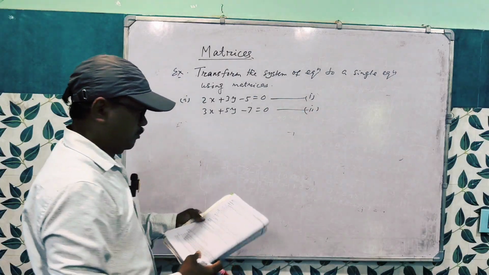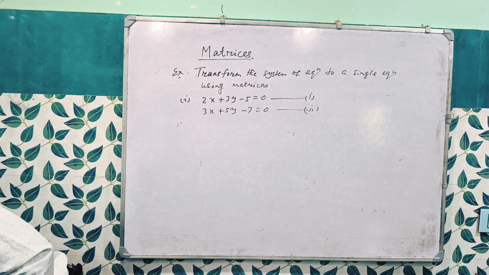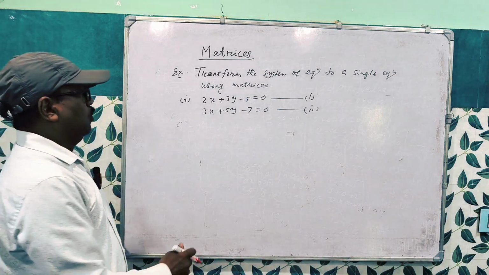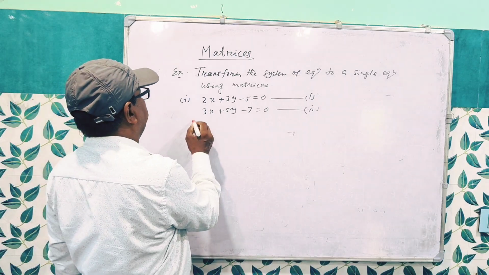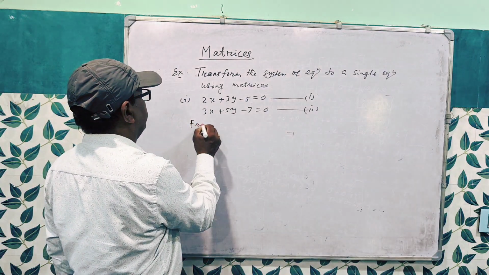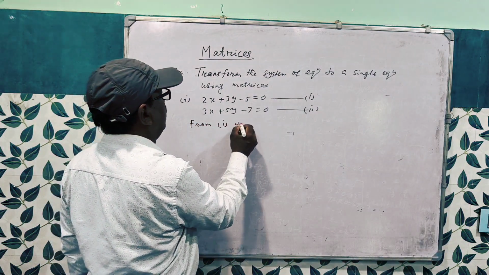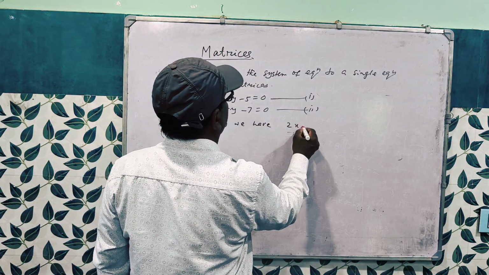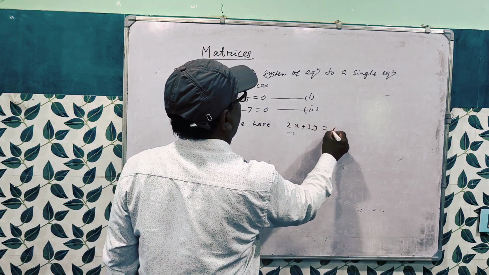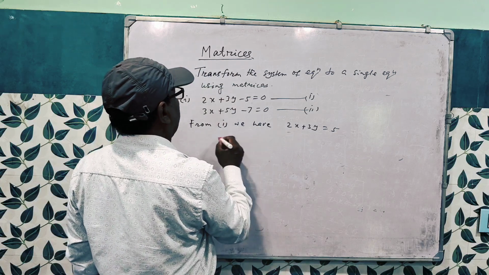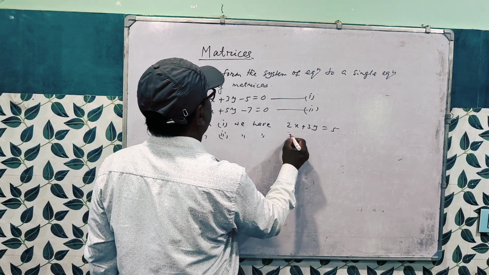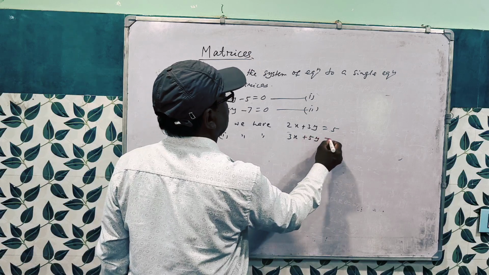Clear? So from equation 1 we have 2x plus 3y is equal to 5, and from equation 2 we have 3x plus 5y is equal to 7.